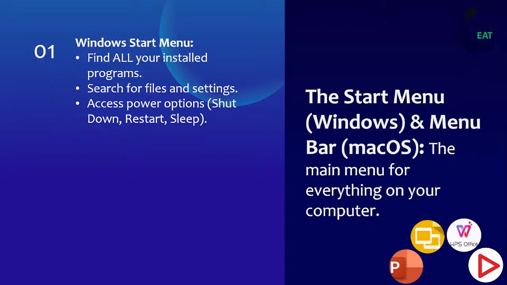So you click on the Windows icon. Now, instead of clicking on the Windows icon, you can as well press the Windows key on the keyboard. Now, this will open a full list of all your installed apps and programs.